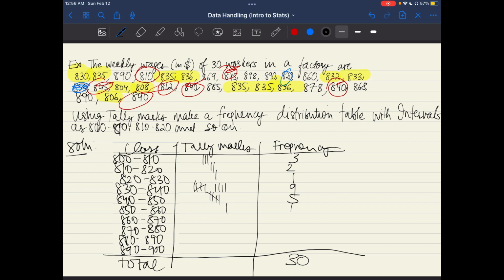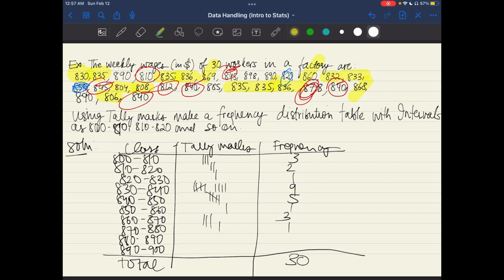Then we have 860 to 870, so 1, 2, 3, just 3. The next one we have is 870 to 880, we only have 1 there.